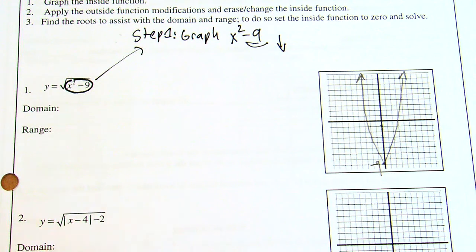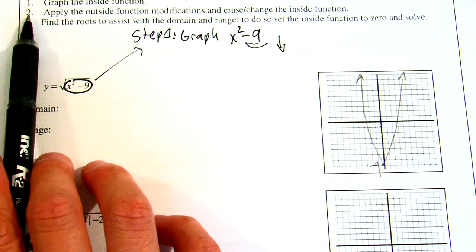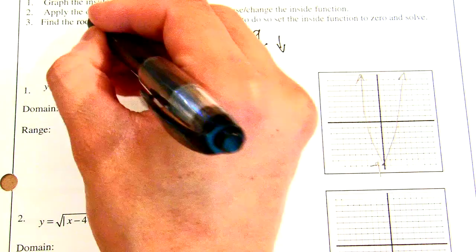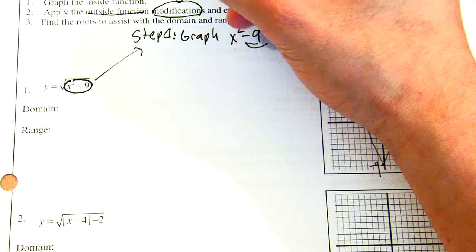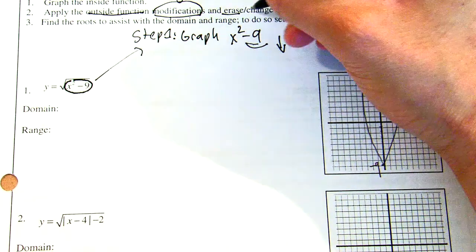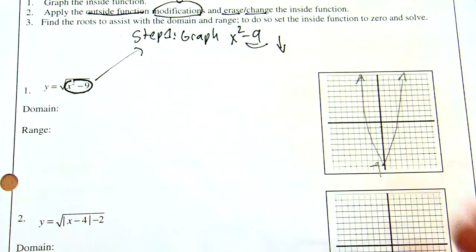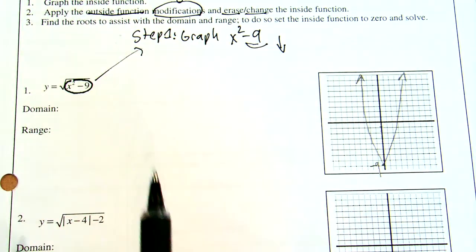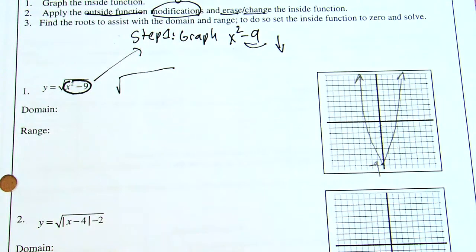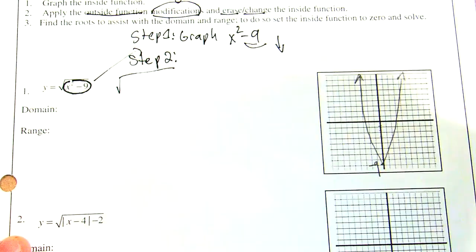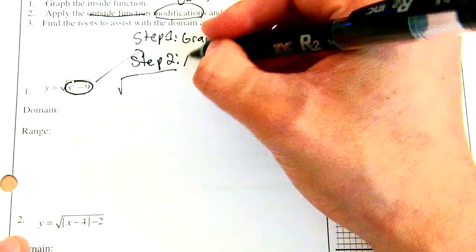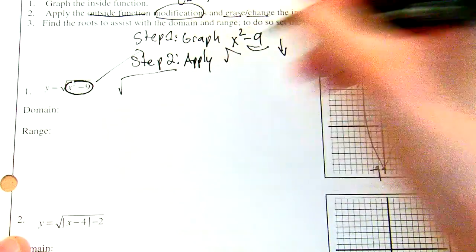Now we are going to do step 2. Step 2 says apply the outside function. Modification means change. So you're going to erase or change the inside function, okay? My outside function, as you can see, was a square root. If you remember your square root rules, step 2, I'm going to apply now the square root, right?